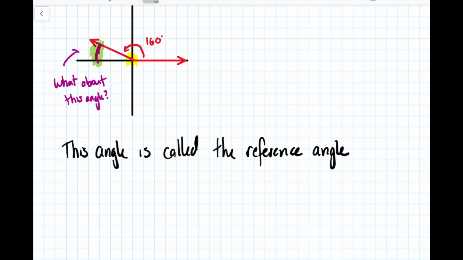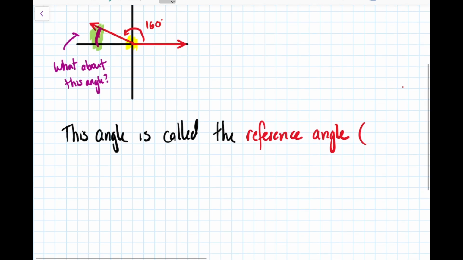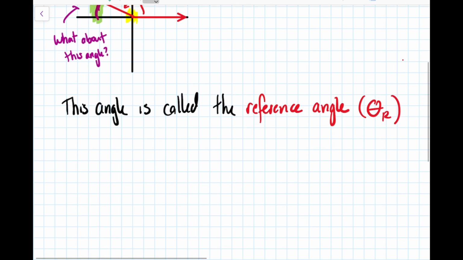And so the reference angle is a very specific angle that has a very specific property in connection to any given angle. To denote it, so we use theta for angles, right? So instead of theta, we're going to call the reference angle theta r.